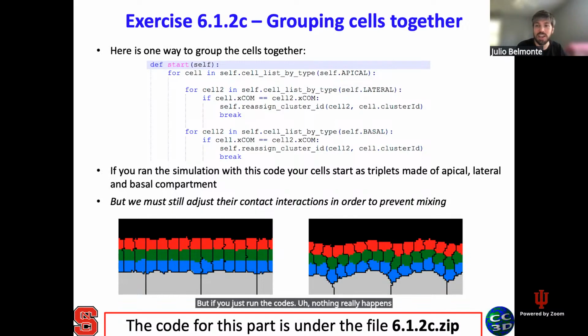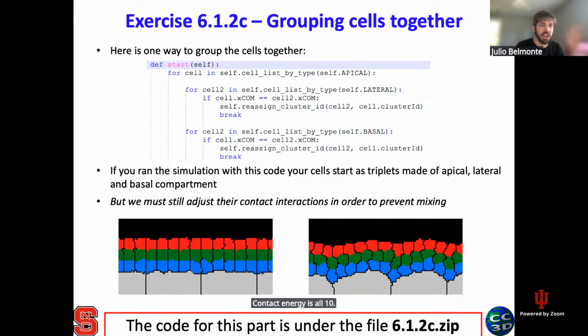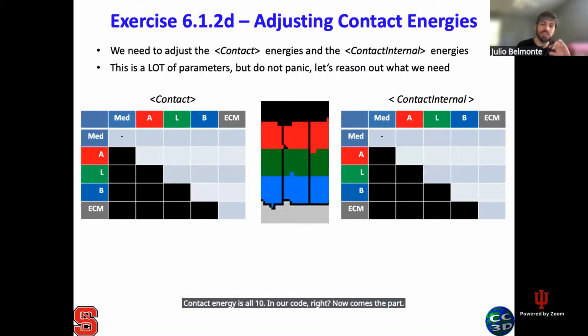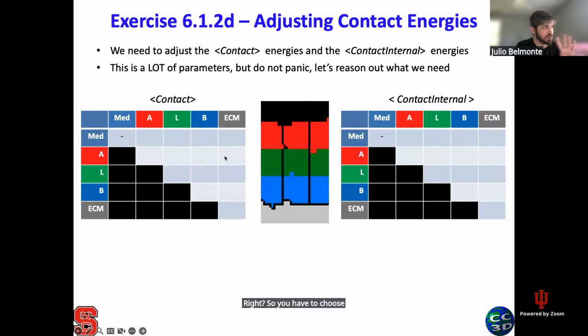All the compartments have the same value. Contact energy is all 10 in your code, right? Now comes the part where you should be trained as a modeler on the correct use of your contact energies, right? So you have to choose what values of the contact energy should be and what values for the internal contact energy should be, in order for this to be stable, okay?